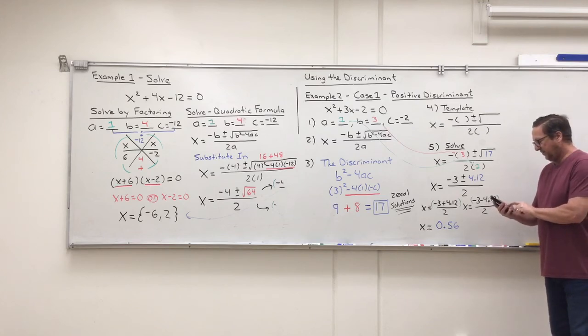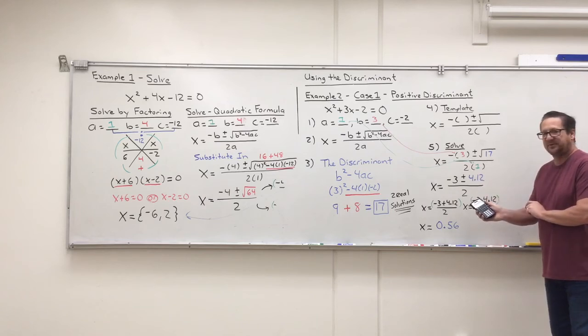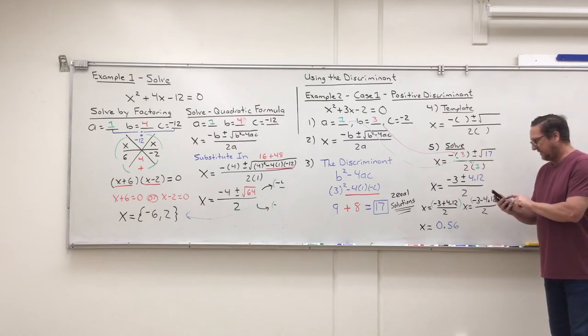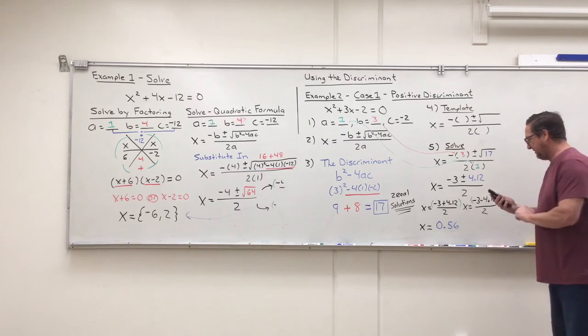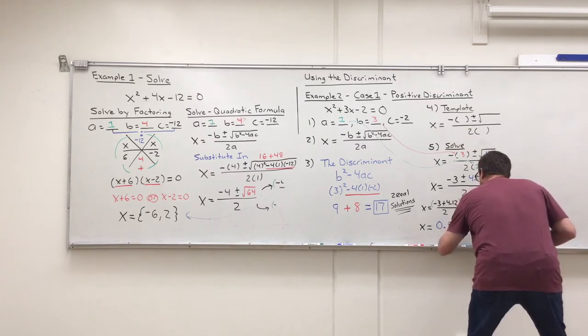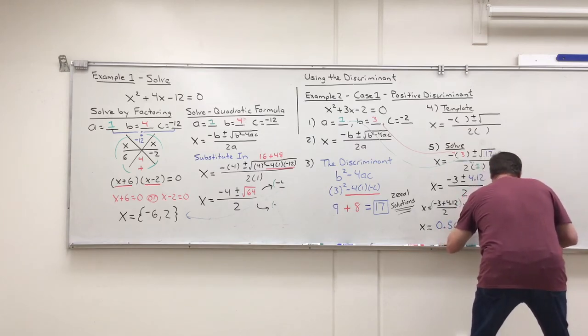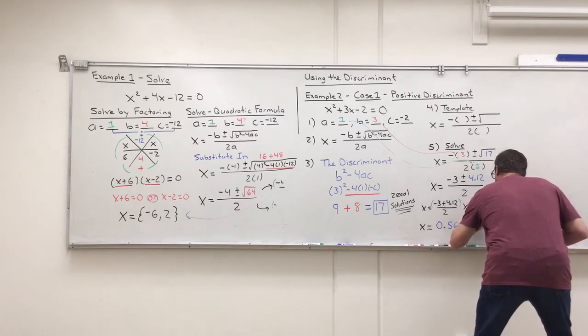And if I do negative 3 minus 4.12, I'm going to hit equals. And I'm going to take that answer, divide by 2. And I get negative 3.56.